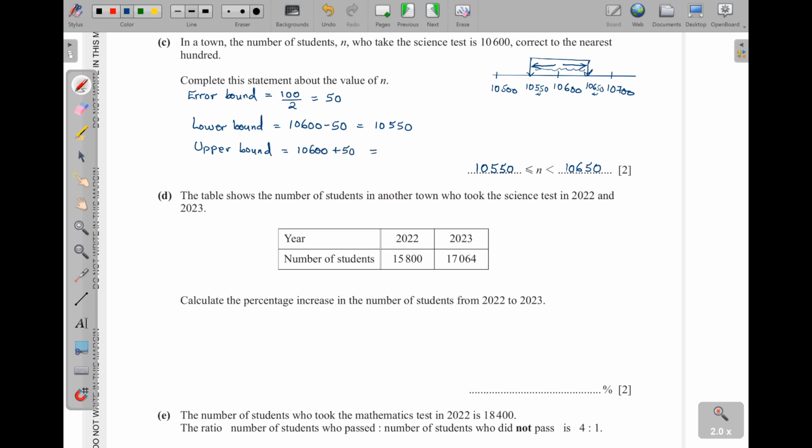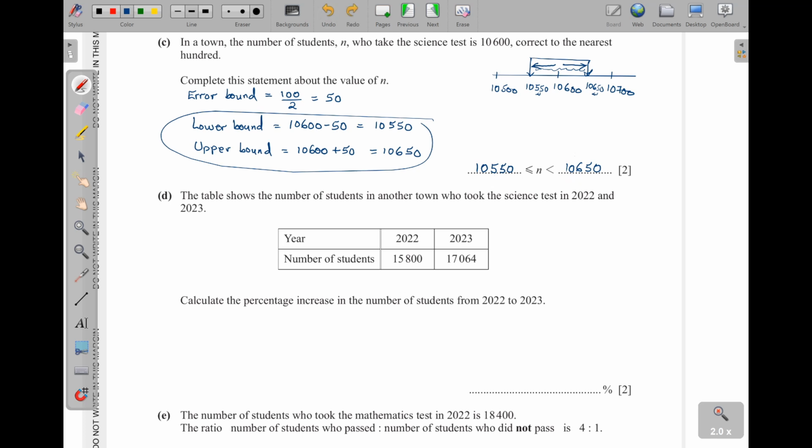Then this will give you 10,650. Now you have to be careful. You can calculate your things correctly, but when you are substituting them here, some people always put this one here and this one here. That is wrong. The upper bound is the big number, the lower bound is the small number.